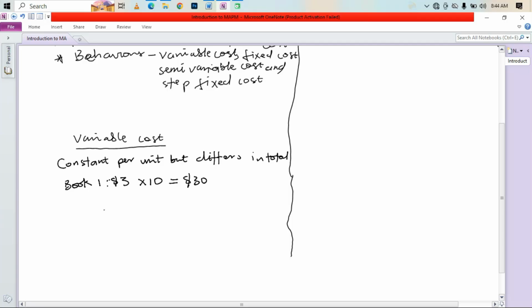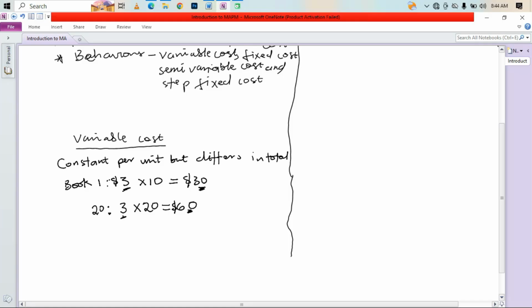When we are producing 20, the cost of 1 is 3, times the total that we are producing, that will give us $60. So you can see here that the cost per 1 is the same, but in total it varies.